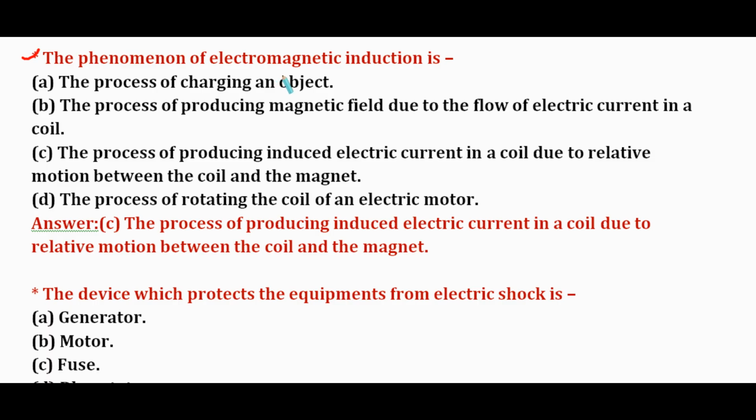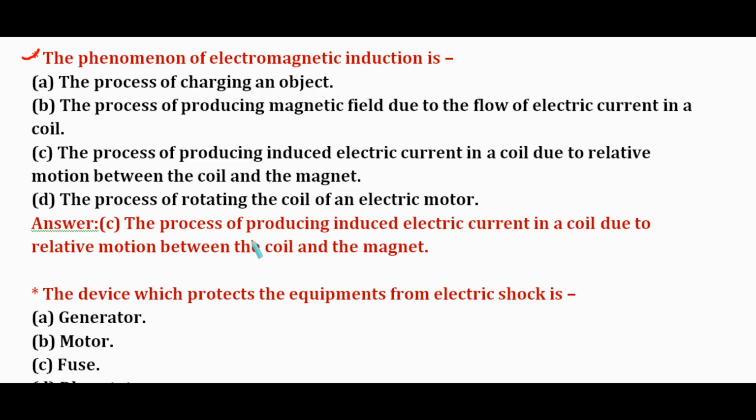Next question: the phenomenon of electromagnetic induction is the process of charging an object, the process of producing a magnetic field due to the flow of current in a coil, the process of producing induced electric current in a coil due to relative motion between the coil and the magnet, the process of rotating the coil of an electric motor.